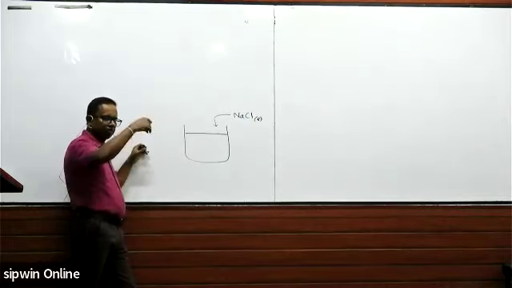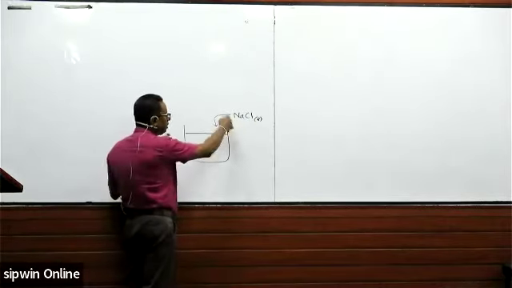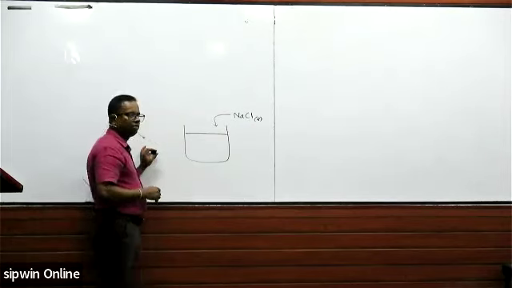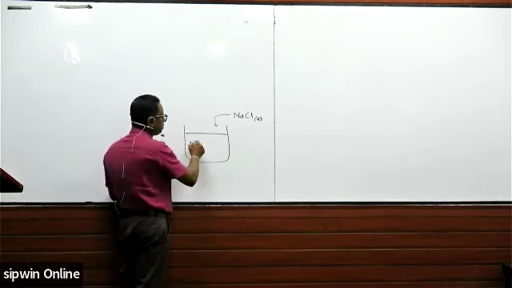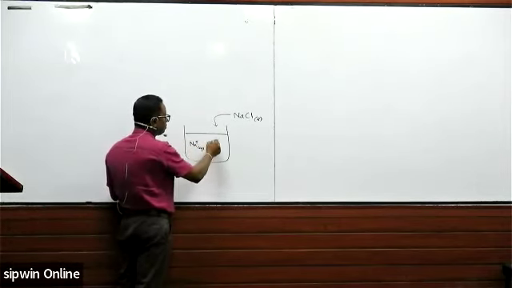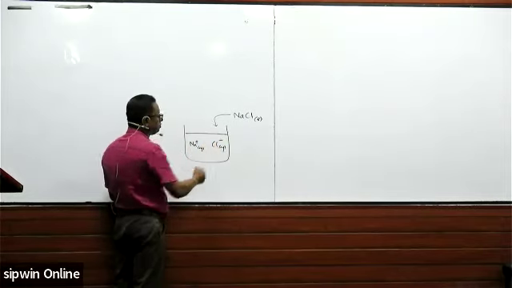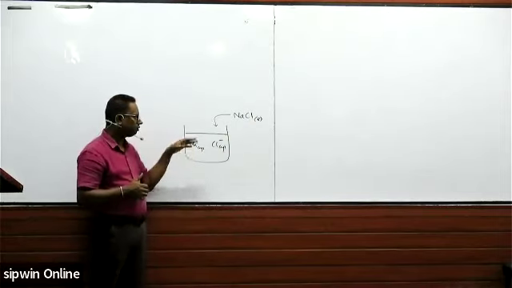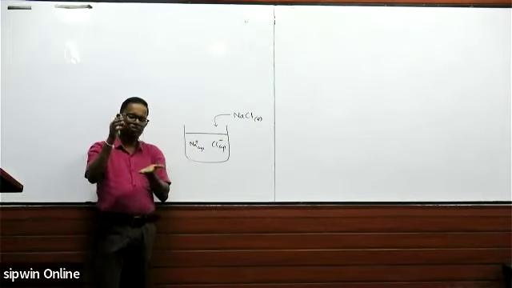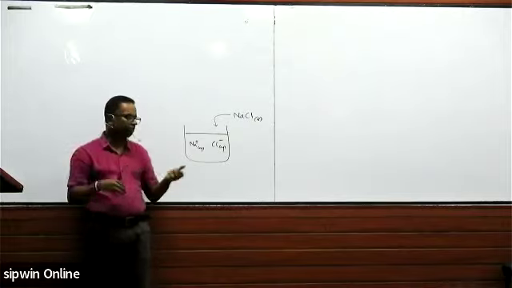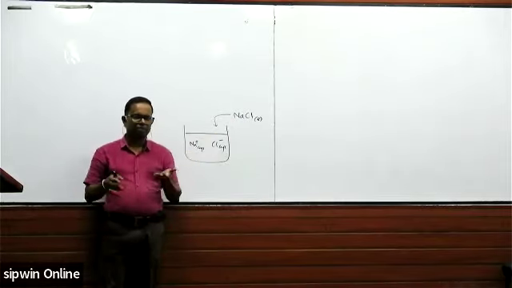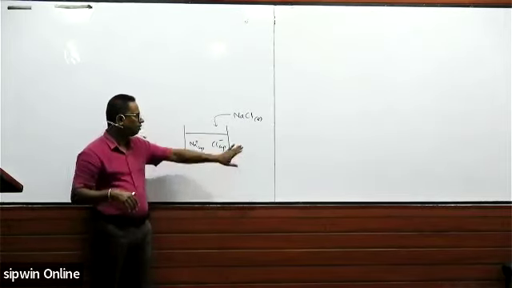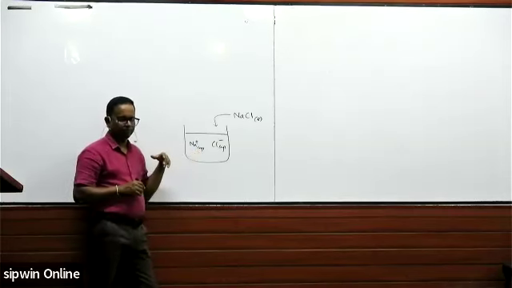Add a small amount of sodium chloride and mix it. It completely dissolves into sodium ions and chloride ions. Another part added, mixed, also dissolves. Continuing like that, a lot of sodium chloride will dissolve in this.